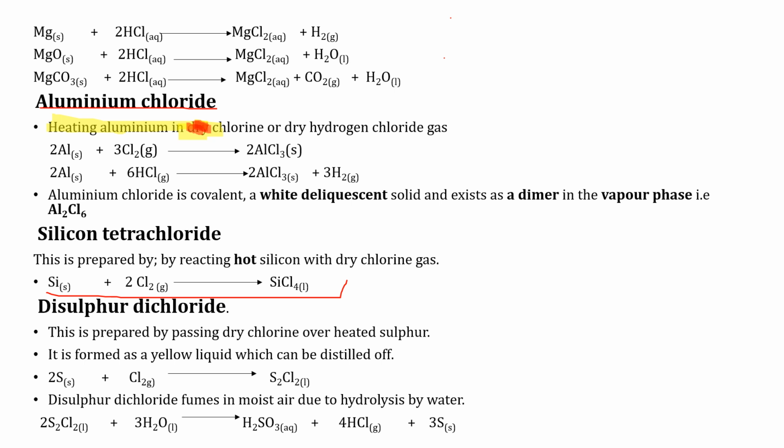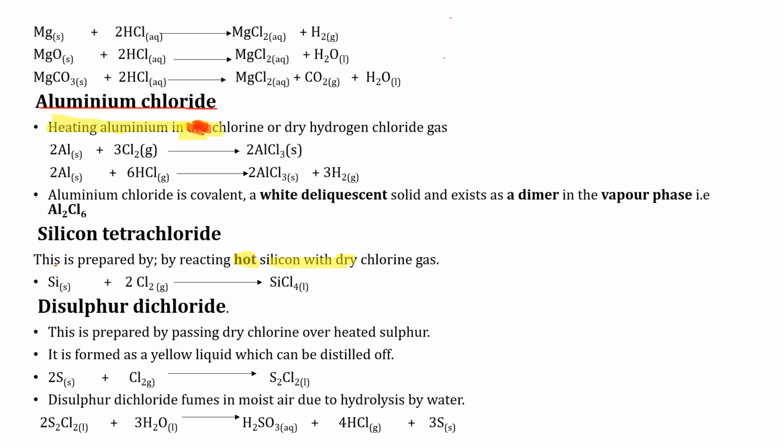So we are saying that silicon reacts with chlorine, and chlorine is going to oxidize this silicon to its topmost oxidation state. That's why we are saying that silicon as a solid reacts with chlorine as a gas. On heating, there must be heating required. That's why I was bolding the condition. I said hot silicon will react with dry chlorine.